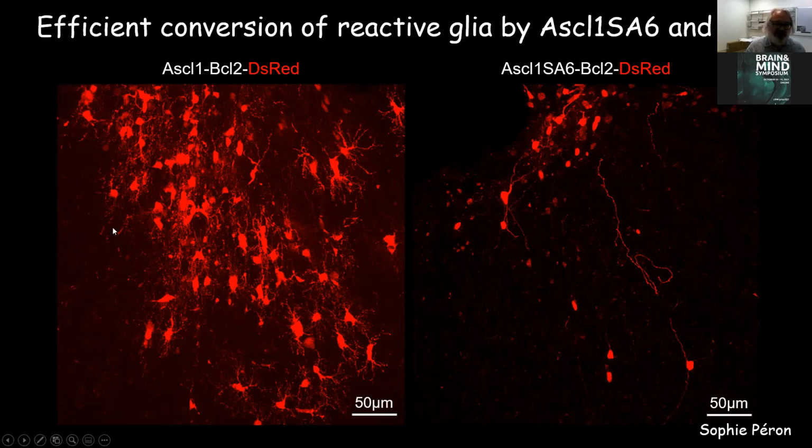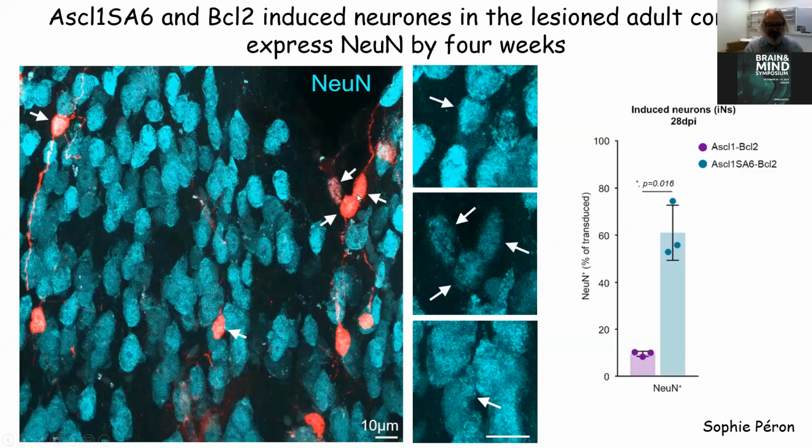So the wild type doesn't seem to result in much of a conversion, and it looks like the cells actually continue for a while to proliferate, while here the mutant ASCL1 triggers neuronal differentiation together with cell cycle exit. And indeed, we can see that many of these cells eventually start to express the more mature neuronal marker NeuN, and the difference between wild type and mutant is very significant.